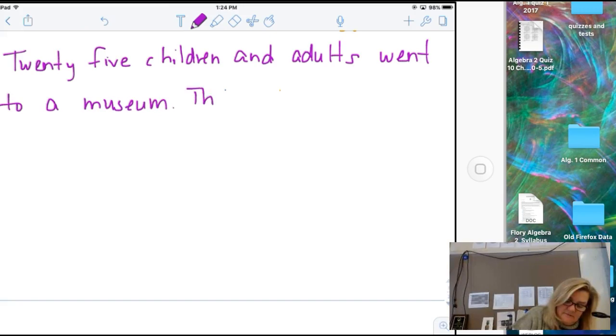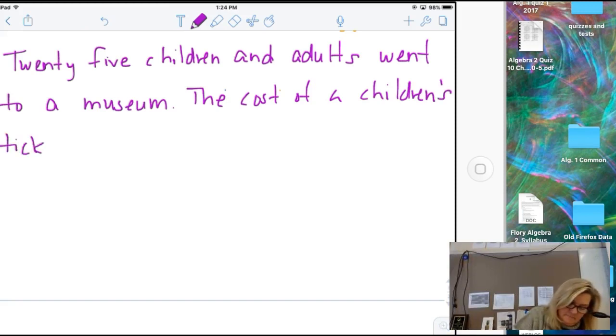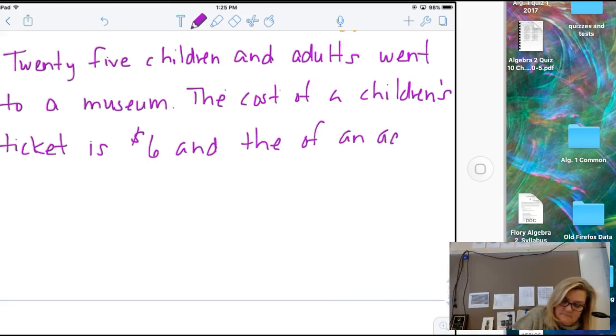The cost of a children's ticket is $6, and the cost of an adult ticket is $9.